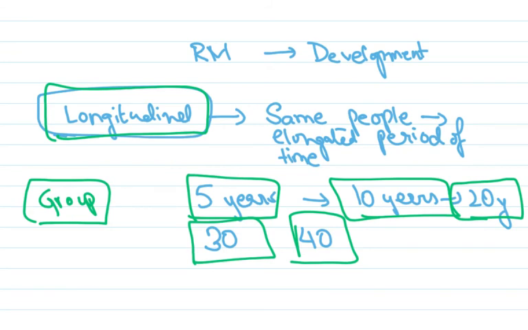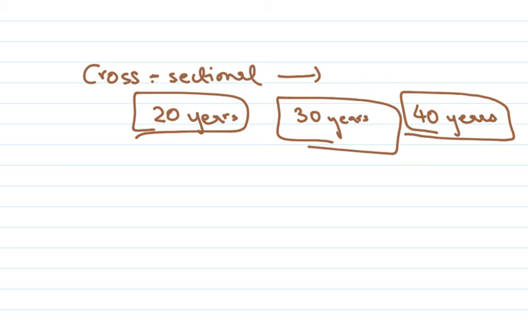For example, even comparing the last three groups, the 20-year-old group, the 30-year-old group, and the 40-year-old group, this will at least take 20 years. In cross-sectional research, that's not necessary because you're comparing three different groups of individuals within the same time frame. Now, obviously, both longitudinal research and cross-sectional research have advantages and disadvantages of their own.